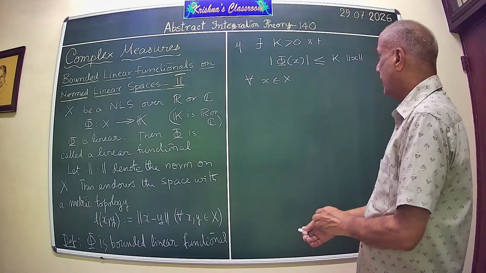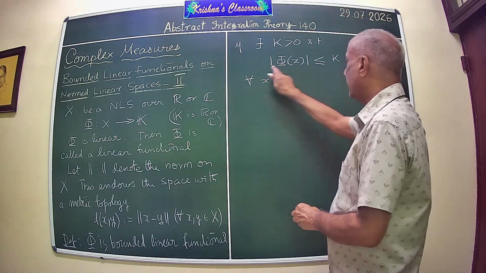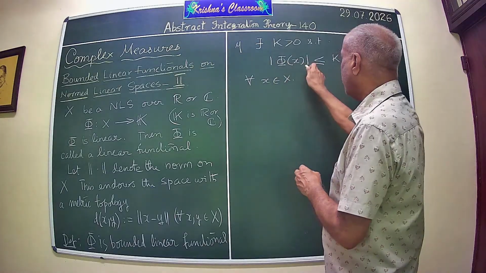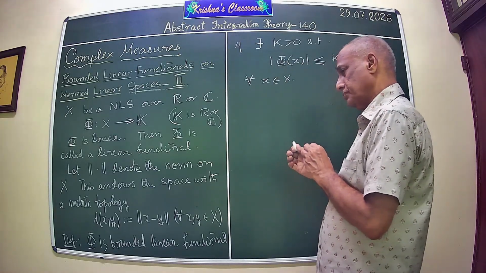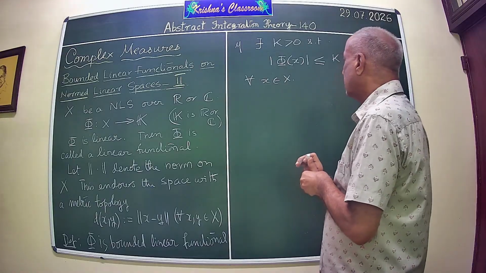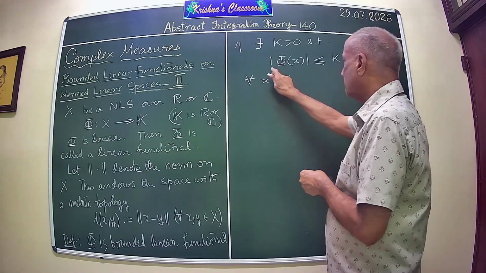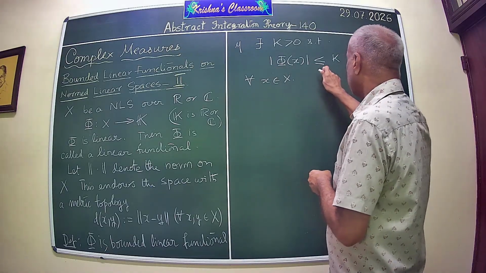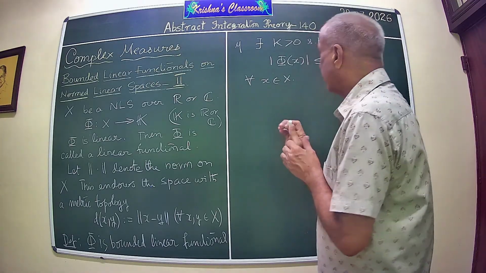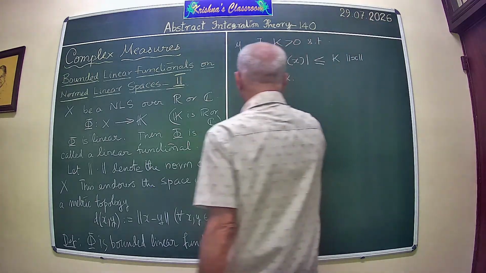And you see that in K, the norm is defined by its absolute value. And therefore, you see that the norm of the image is less than or equal to k times norm of x for every x belonging to X. Then we say that phi is bounded.